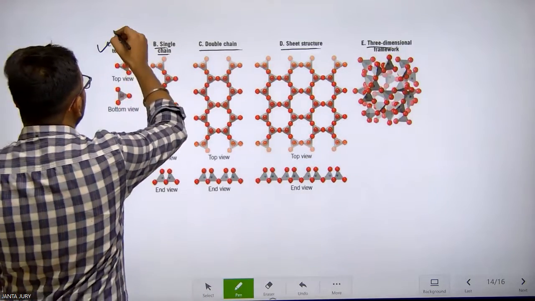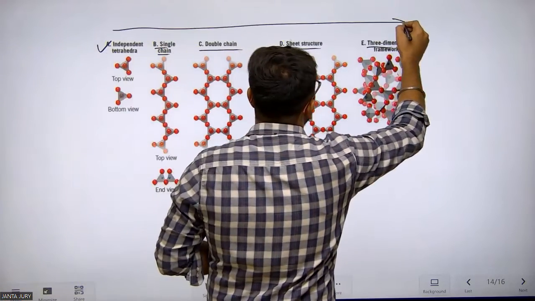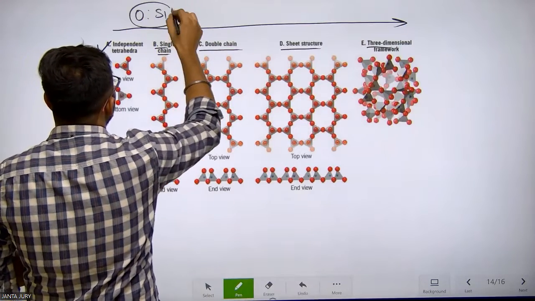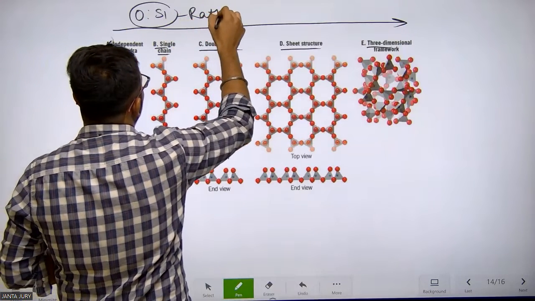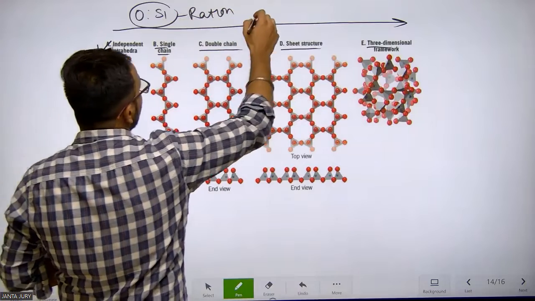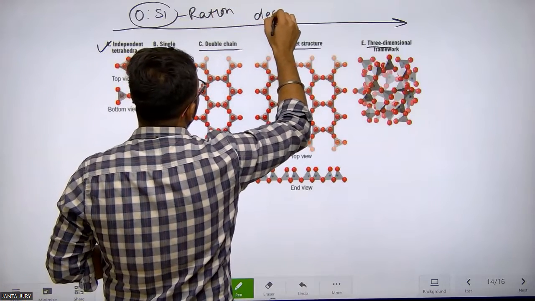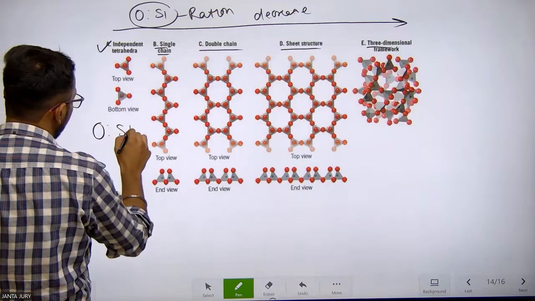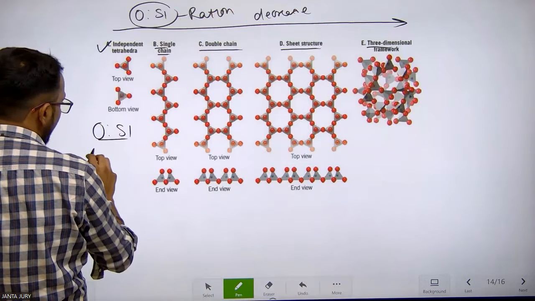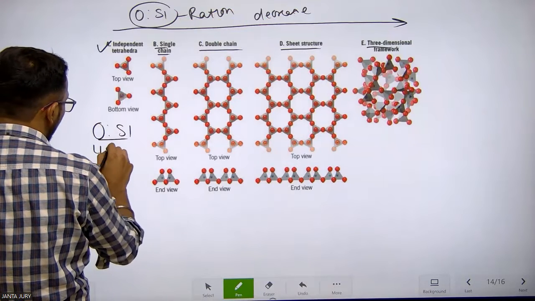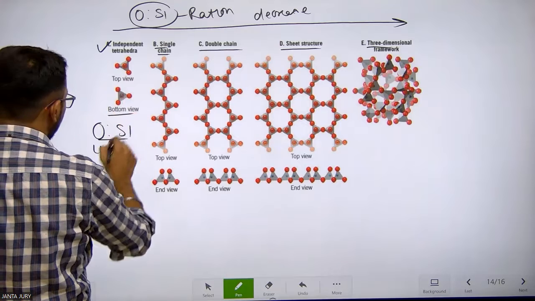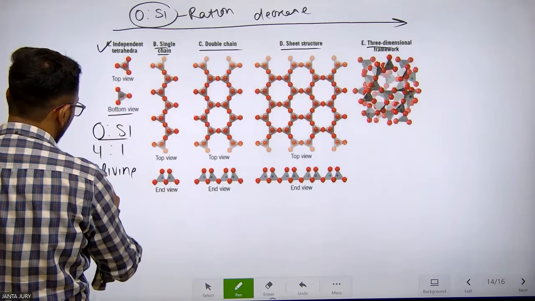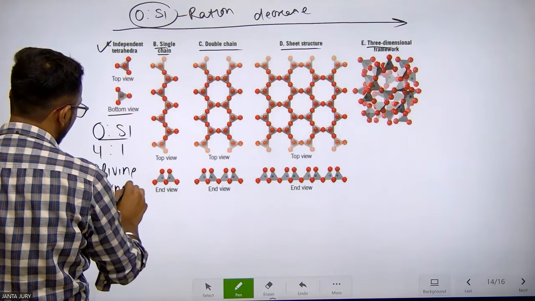If you look in this direction, what will happen to the oxygen and silicon ratio? It will be decreasing. Here the oxygen and silicon ratio will be 4:1, so here the minerals will be olivine and garnet.